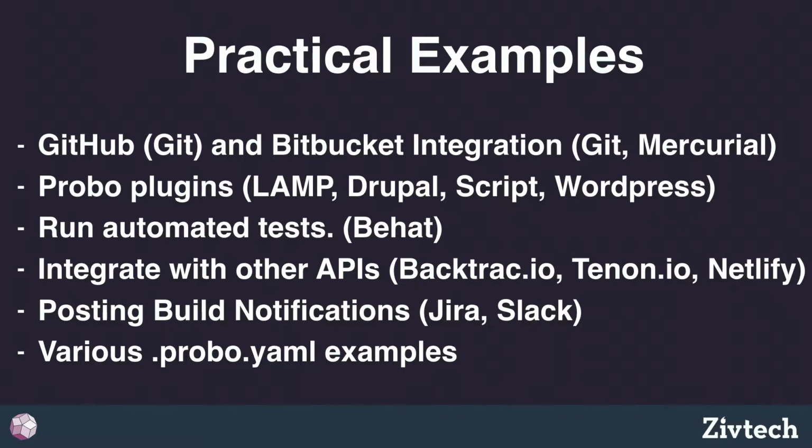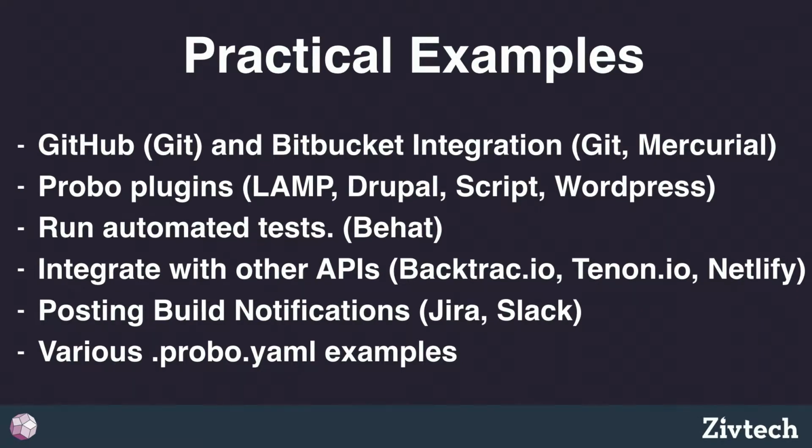You can run automated tests, so we'll show off a BHAT test, and you can integrate with a bunch of other APIs. So we'll show off a BackstopJS-style visual regression test, a Tenon.io test, which is an accessibility testing tool, and I've also got a Netlify integration set up to have an automated deployment.